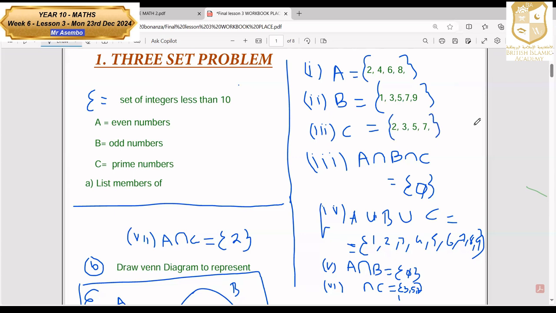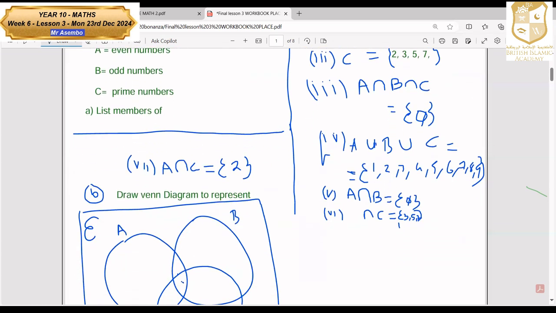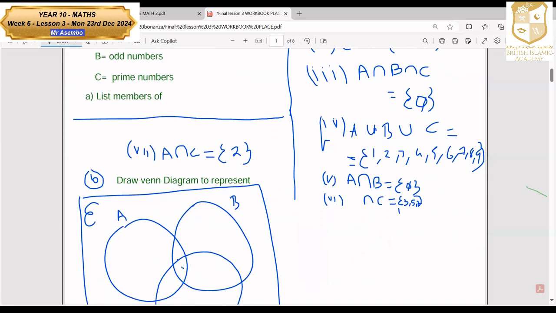Remember to enclose it like that. Now, do we have A and B? No, so there's no member there. Now, do we have B and C? Yes, we have. Which ones are those? We have 3, 5, and 7. So we put them here, 3, 5, and 7.